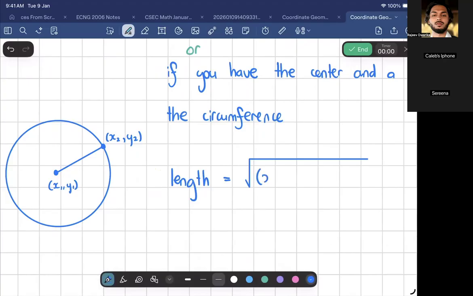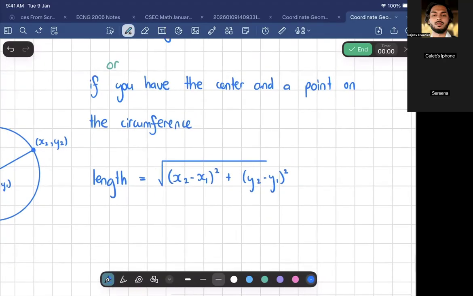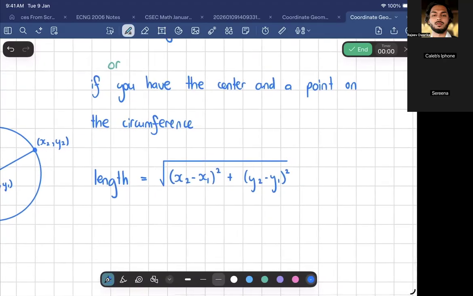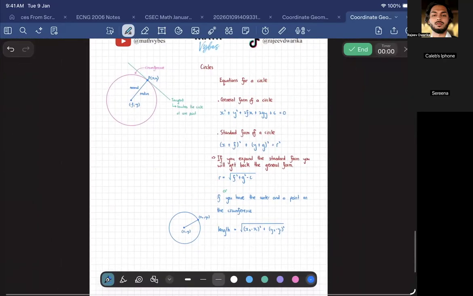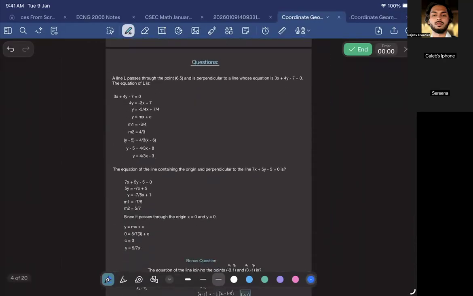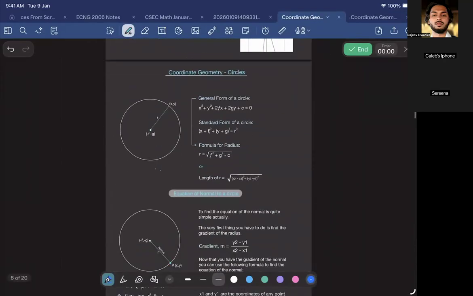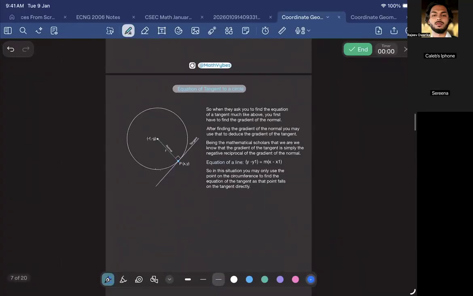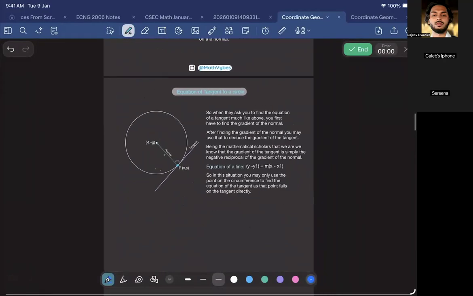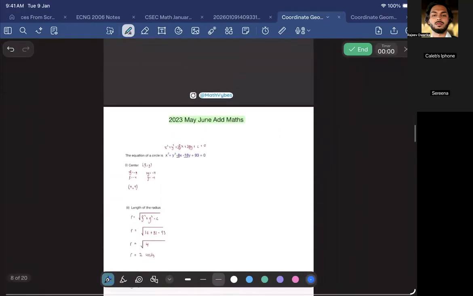That will be the square root of x2 minus x1 squared plus y2 minus y1 squared. So that's essentially all you have to know for circles. You also need to know the equation of a tangent to a circle, but that's easy. We've covered things like that.